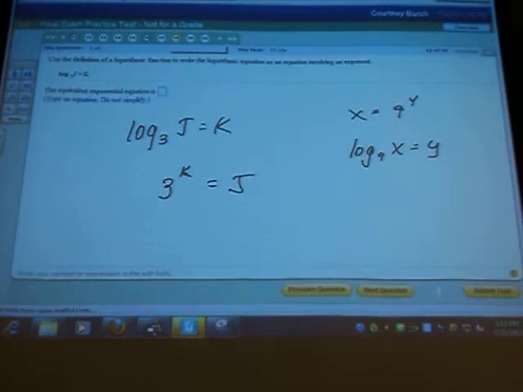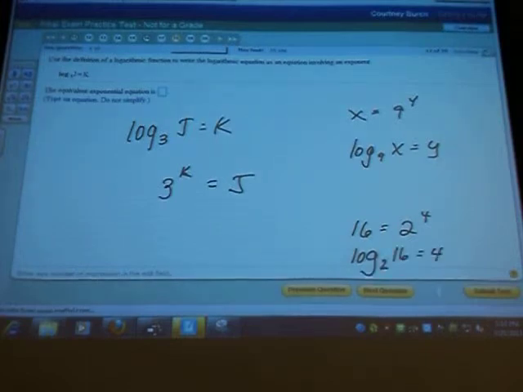If I had 16 equals 2 to the 4th, I would write log base 2 of 16 equals 4. Your base of your exponent is 2, so your base of your log should be 2 as well. In general, if you have y equals a to the x power, that is the same as log base a of y equals x. It goes both ways there.